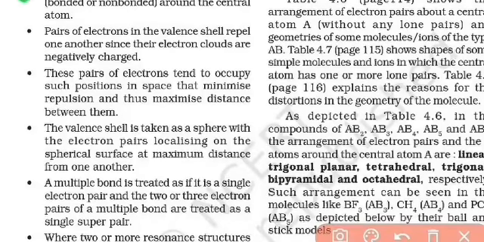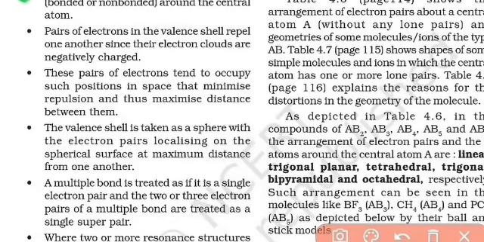According to this theory, the shape of a molecule depends upon the number of valence shell electron pairs, that is bonded or non-bonded, around the central atom. Pairs of electrons in the valence shell repel one another since their electron clouds are negatively charged. It is very important.